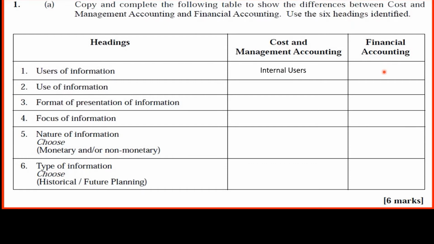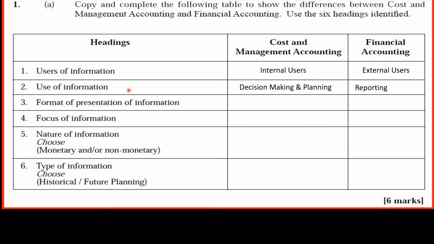And financial accounting, on the other hand, are by external users, such as investors and shareholders and so on, people from outside of the organization. The use of information, decision making and planning for cost and management accounting mostly. Financial accounting is mostly for reporting, very little of decision making.